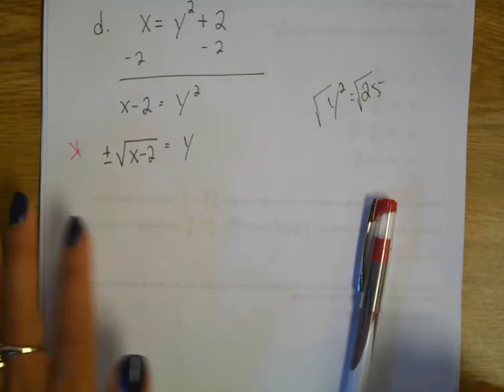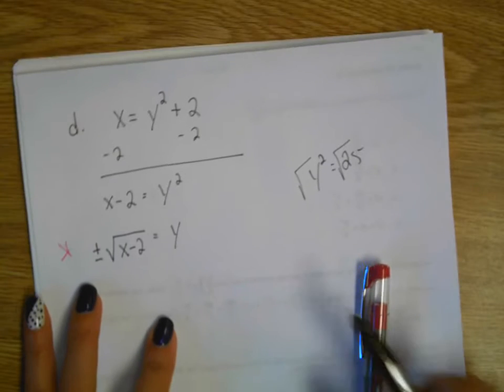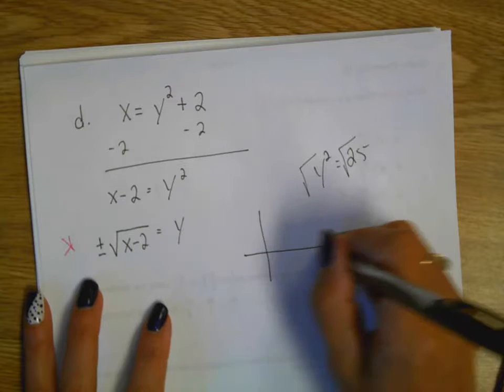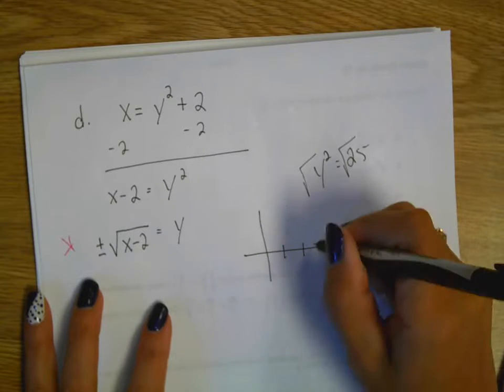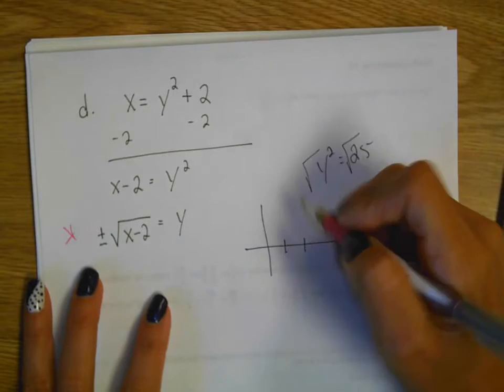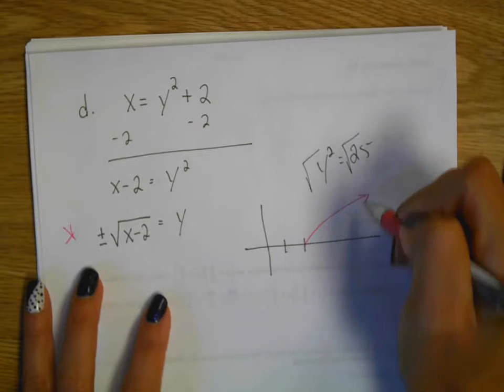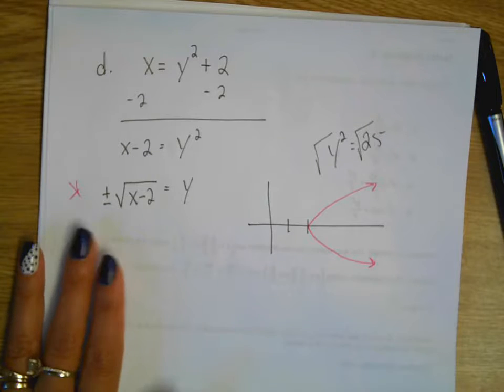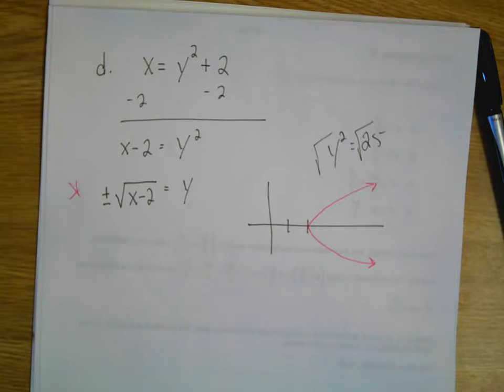Vertex at 2. As this thing keeps going, it's going to get farther apart, so higher, lower, and farther out, farther out, farther out.